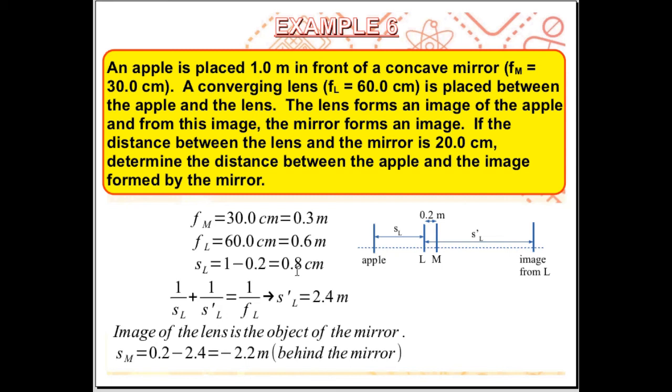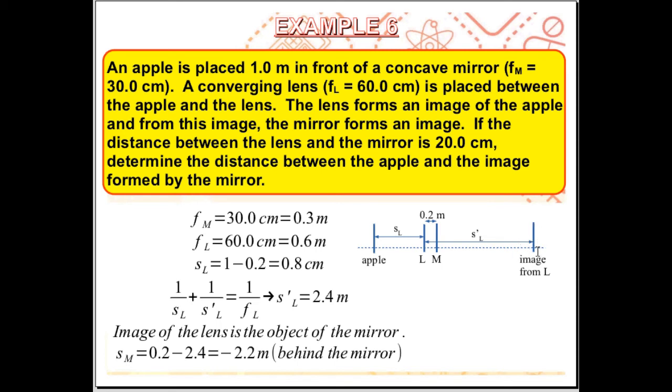SL is 0.8 meters, not centimeters, but meters. So we are able to get SL prime to be 2.4 meters. Positive. SL prime is positive, meaning for the lens, SL prime is behind the lens. So here is located the image formed by the lens.